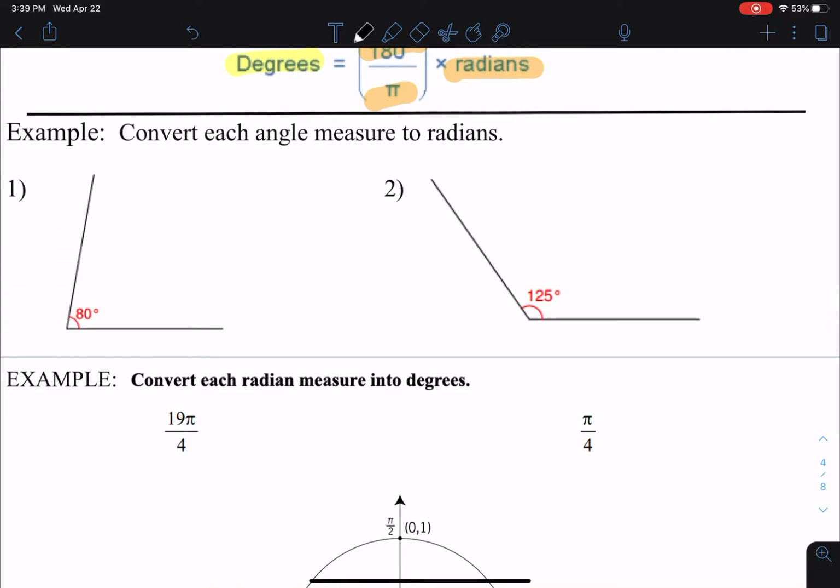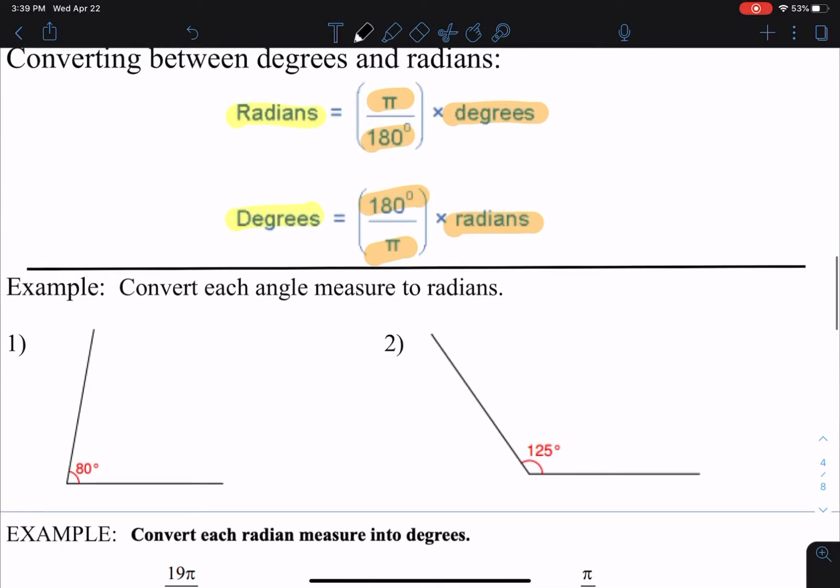For example, 80 degrees. Since it's degrees and I want my answer in radians, I'm going to use pi over 180. So I have 80 degrees times pi over 180 degrees.